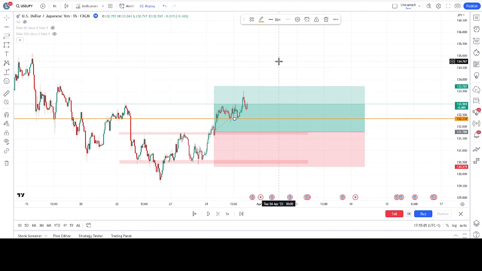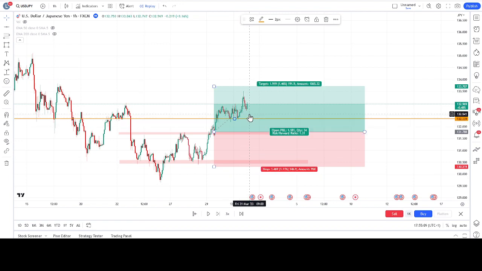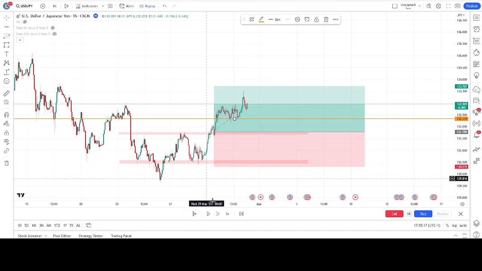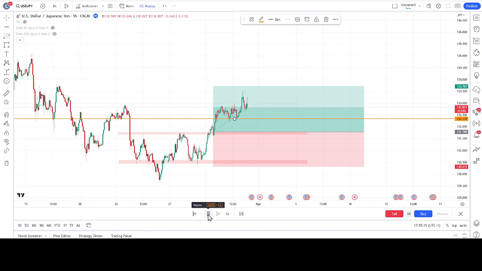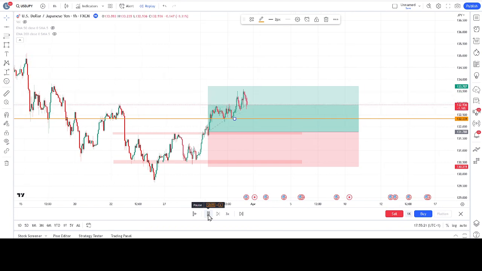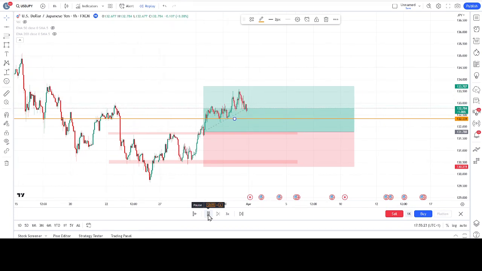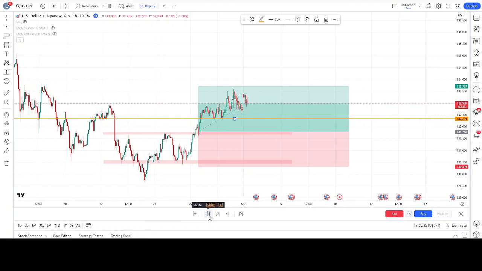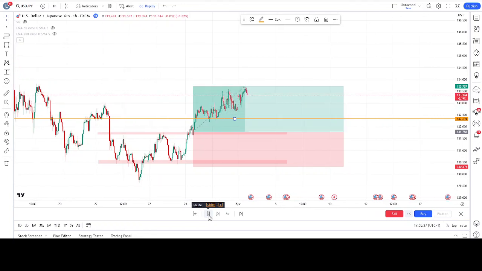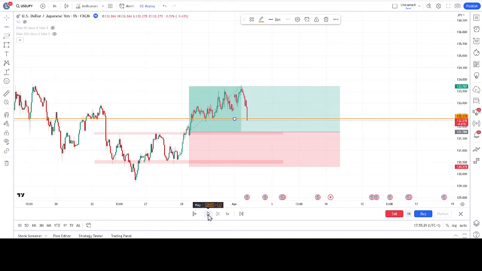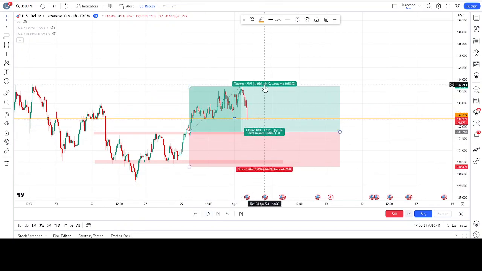So at times you can actually put your stop loss just below here, so that even if the price goes against you, you come out with some profit. But let's see what happens to our trade. There you go. Still going on. There you go. That's our target hit.